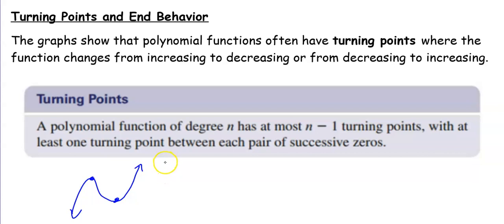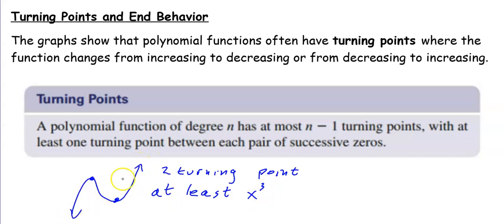Well, what we can see here is we have 2 turning points. This means we need to be at least x to the third. And we know this is going to be an odd function because my end behaviors are going in different directions.